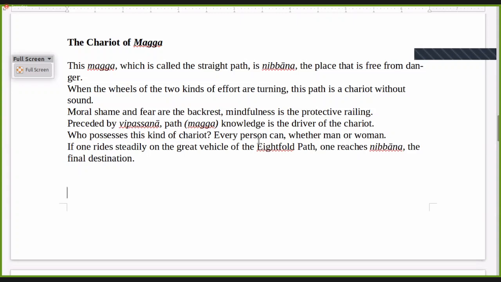So it is common knowledge that in the mundane world, the owner of some form of transport is able to reach the required destination by using it.